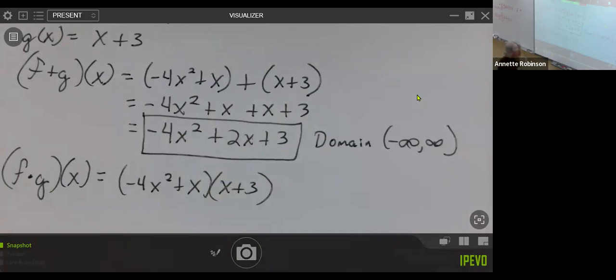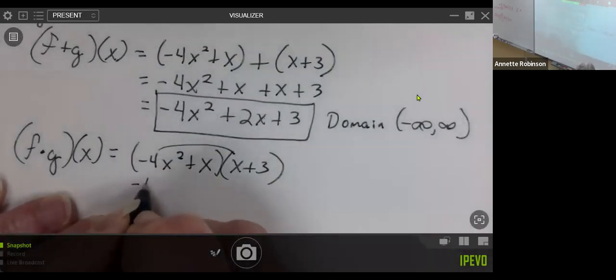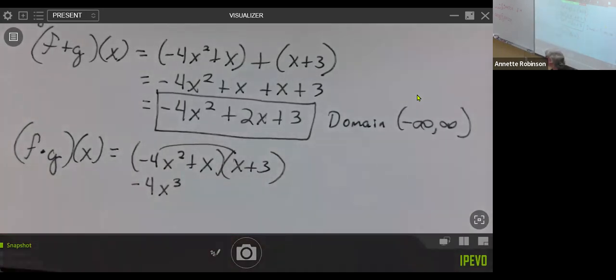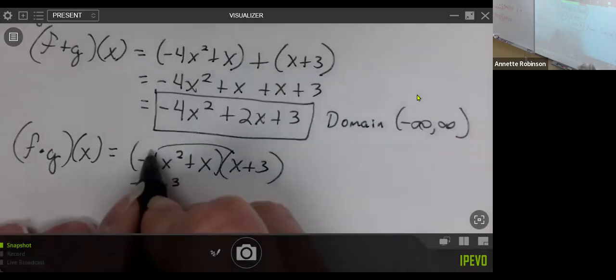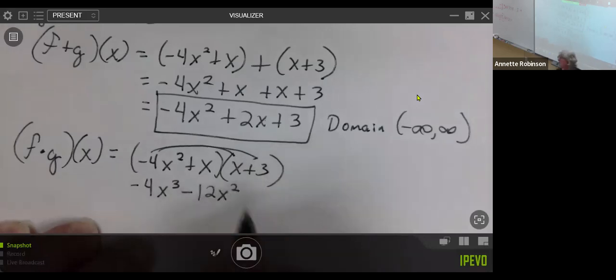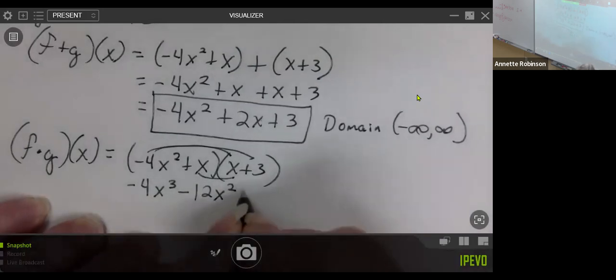All right, so negative 4x squared times x would be negative 4x cubed. Are we okay? Negative 4x times 3 would be negative 12x squared. How we doing? x times x would be an x squared.